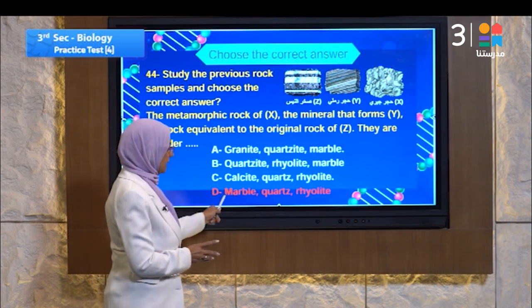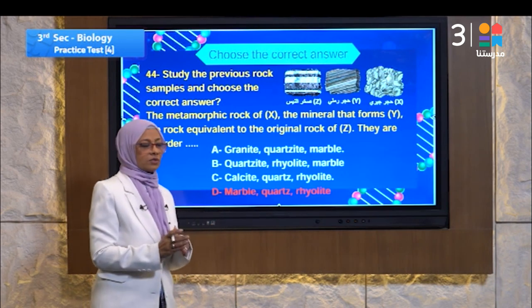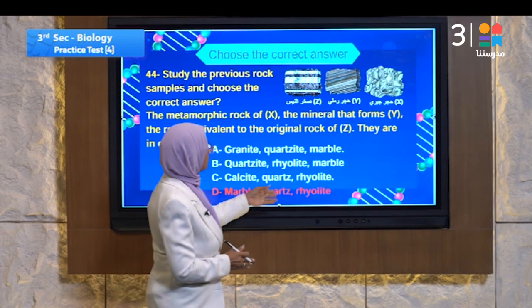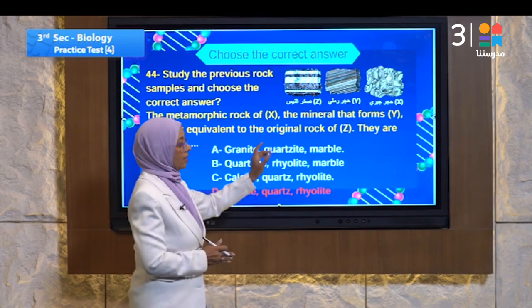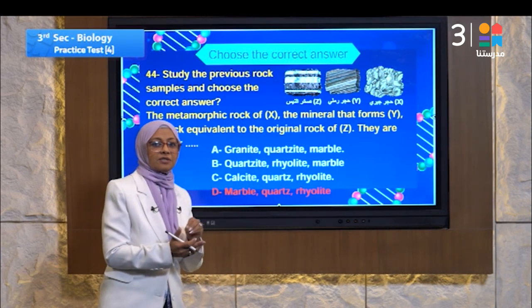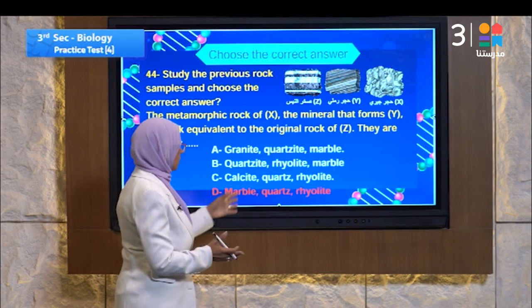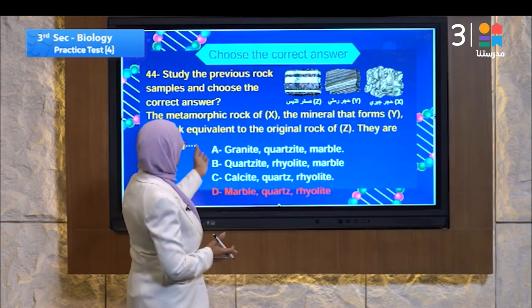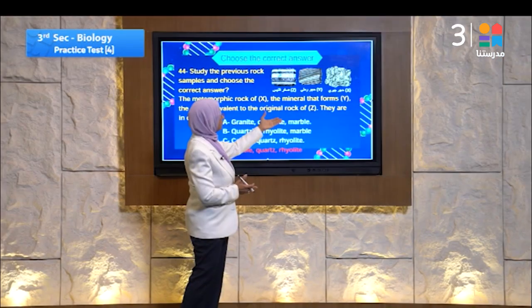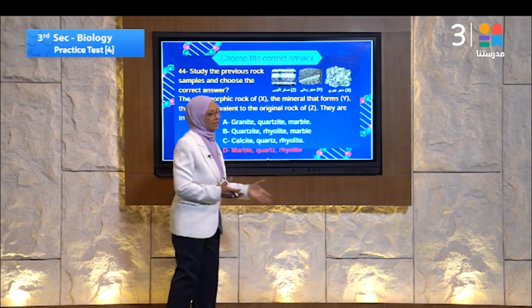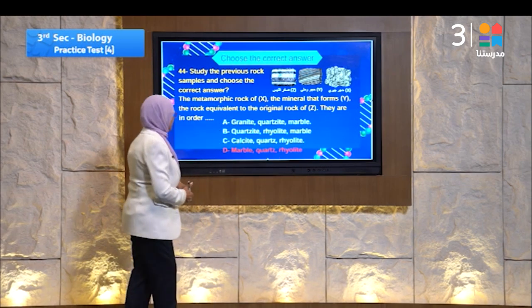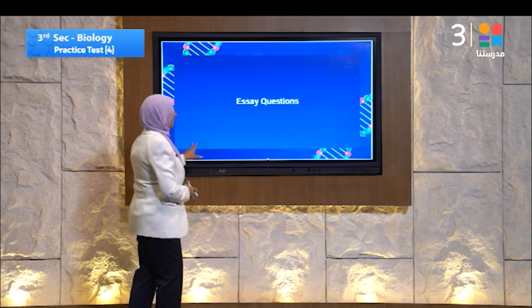So the marble is the metamorphic rock. Quartz is one of the minerals. Mineral is the building unit of the rocks. It will be quartz. The last one, equivalent of original rock, is rhyolite. So the answer will be D, marble, quartz, rhyolite.